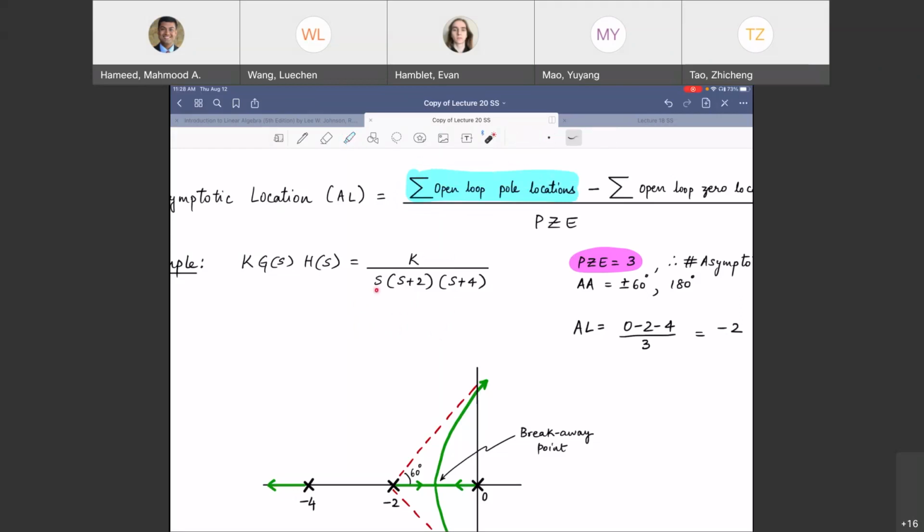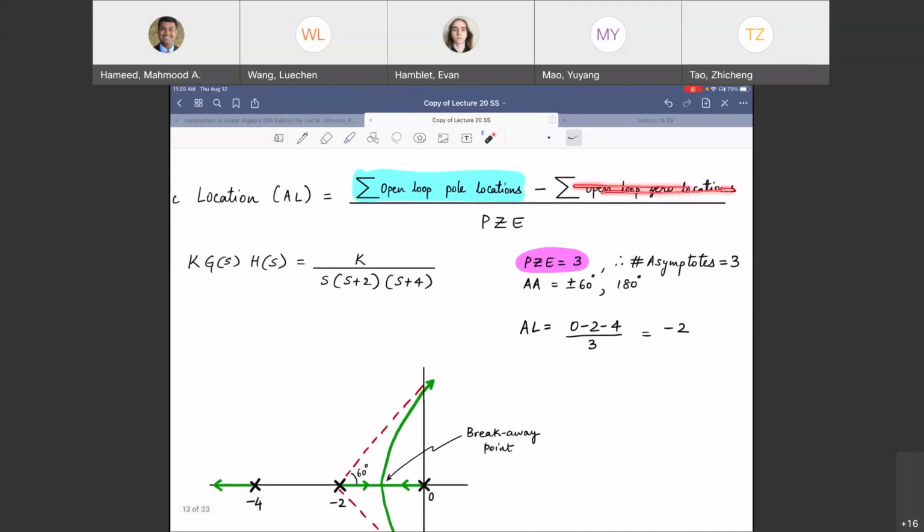What do you have? 0, -2, -4. When you add up 0, -2, -4, you get the summation of open loop pole locations. Of course, there is no zero, so this term goes away. And then in the denominator, you have 3. So asymptote location works out to be -2 in this case.